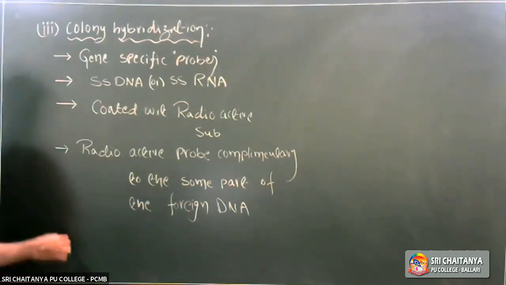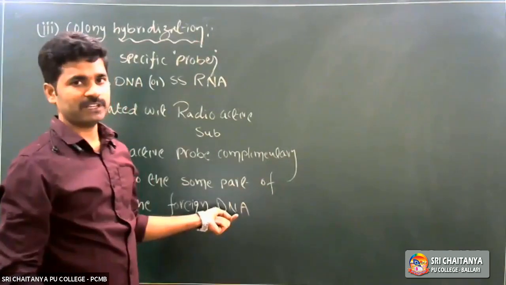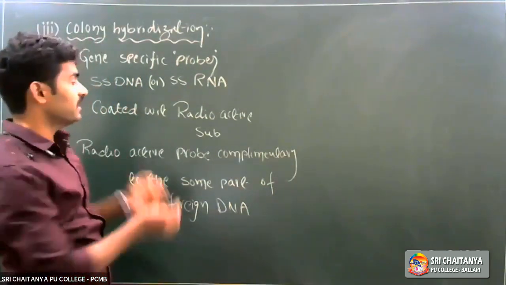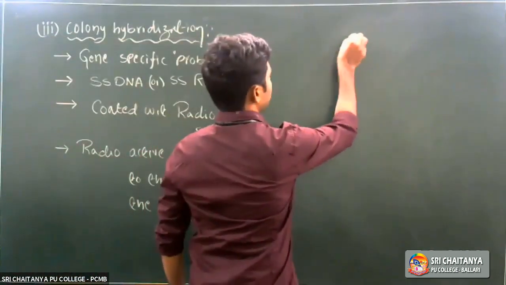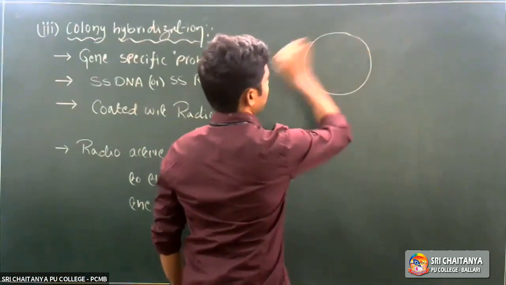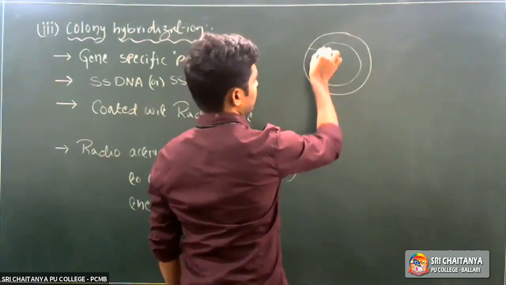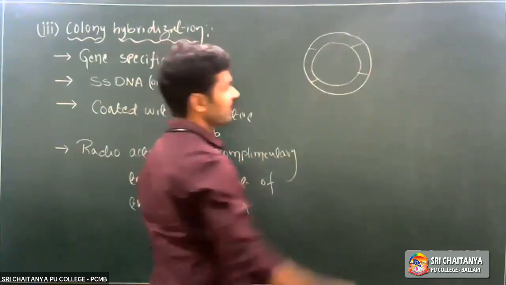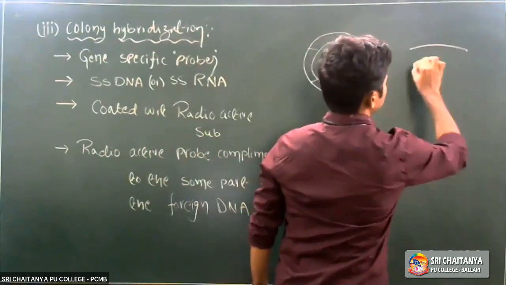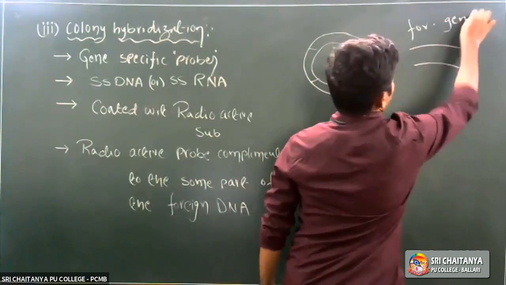In this method, the radioactive probe is tagged to the foreign genetic material, and that foreign genetic material is then inserted into the vector. For example, take the pBR322 vector, as usual with the ampicillin resistance gene and tetracycline resistance gene. This is the foreign gene or foreign genetic material.